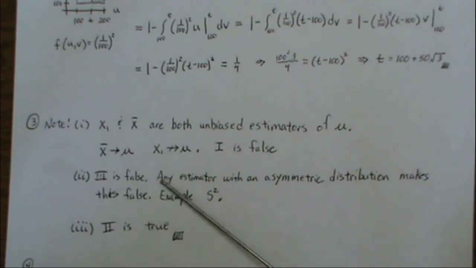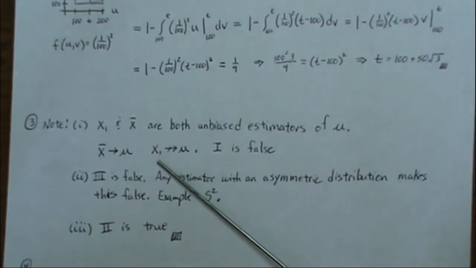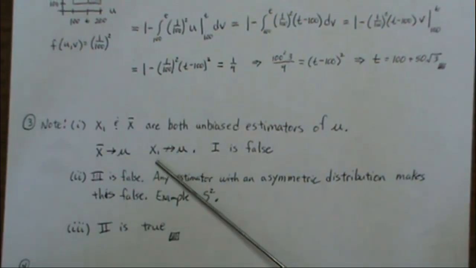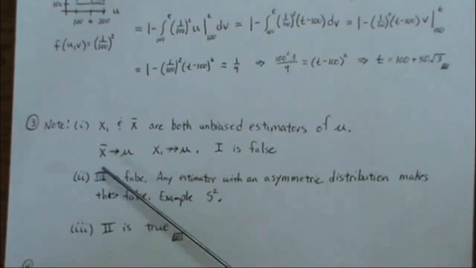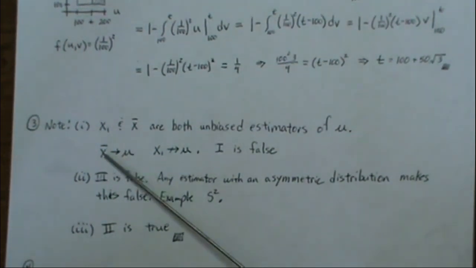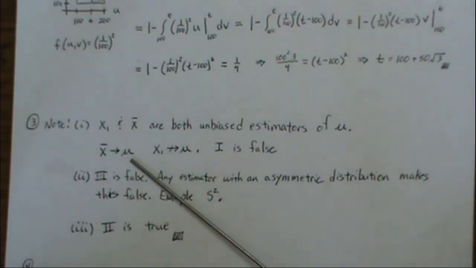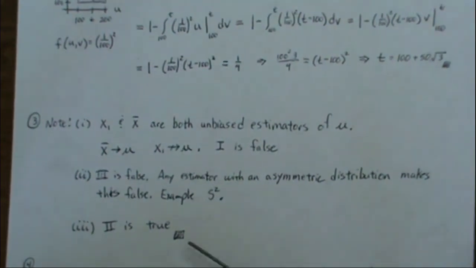And as simple as, if each individual x, if you take the expected value, you get the mean, but as the sample size increases, it doesn't converge to the mean, where like the sample mean does. It converges in probability to the parameter of estimate. So based on that, number 1 is false.